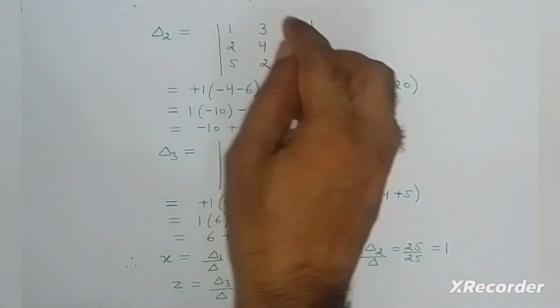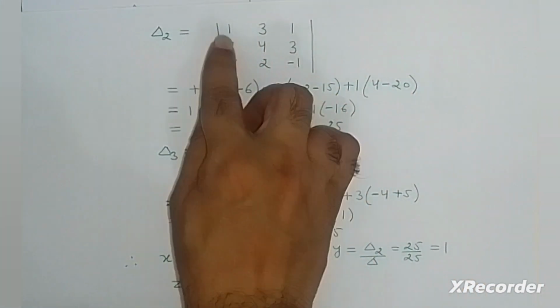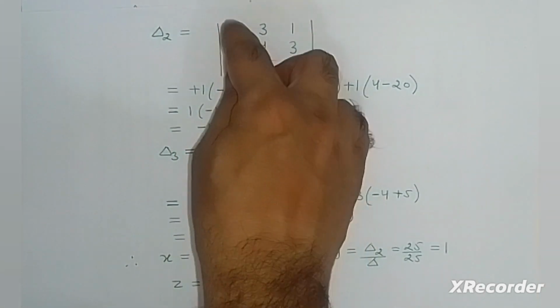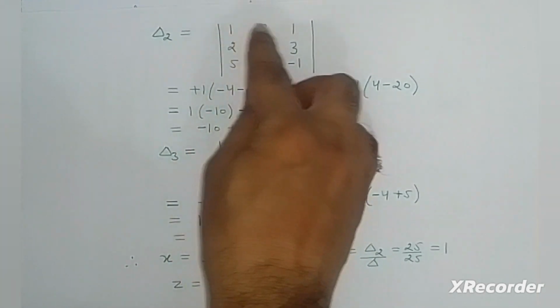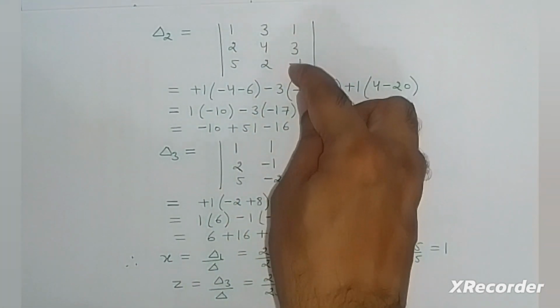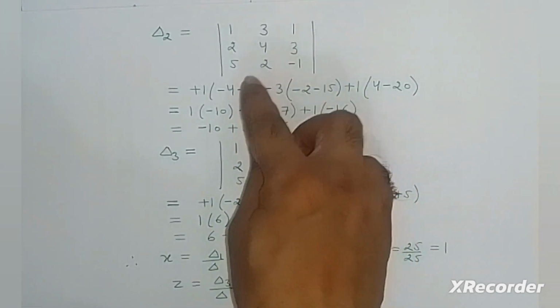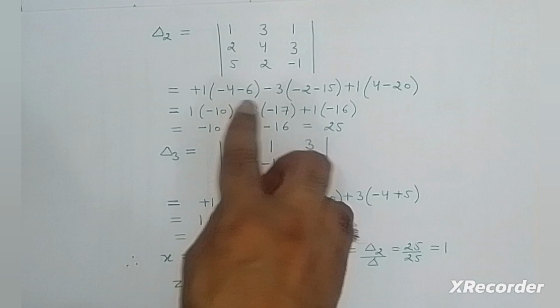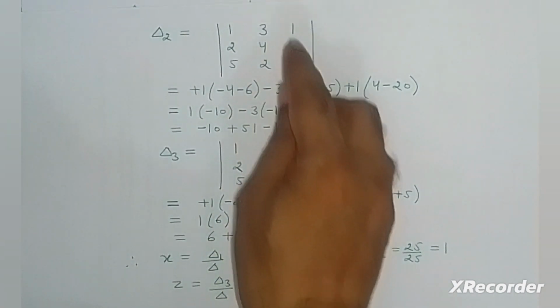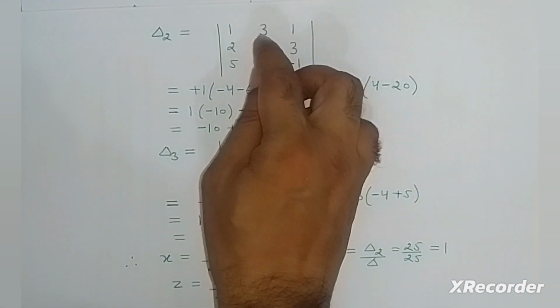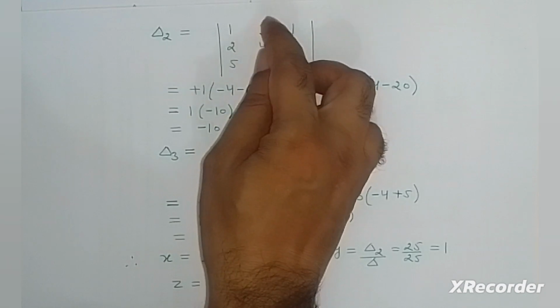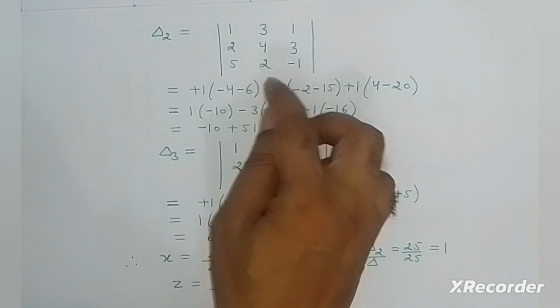First of all plus minus plus, so plus 1, eliminate this column and this row and multiply 4 into minus 1, that is minus 4, 2 into 3 is 6, and because here we have to subtract, change the sign, minus 6. Then plus 3 here, because the sign has to be changed, then minus 3.